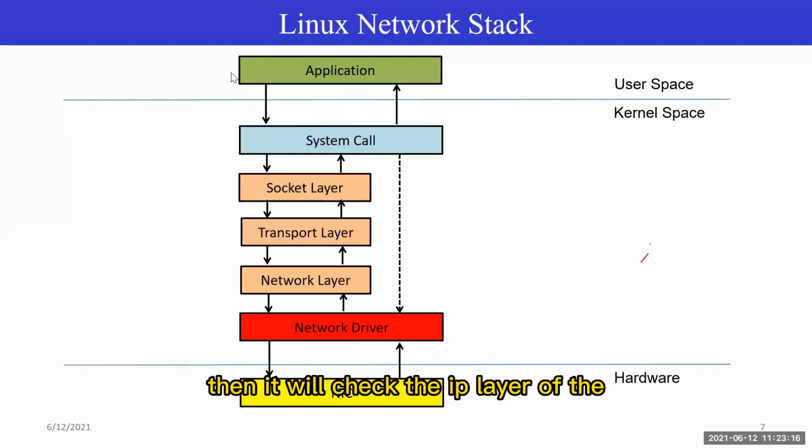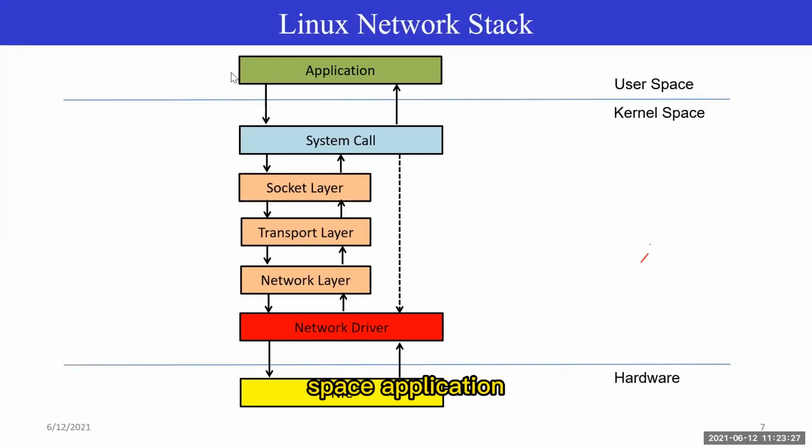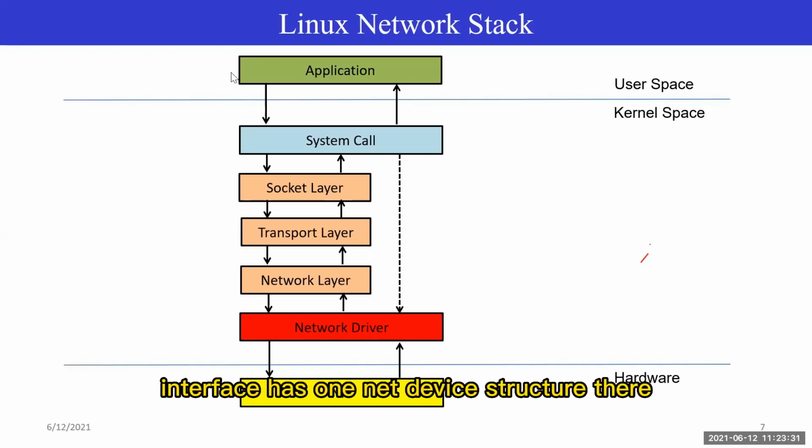Then it will check the IP layer of the system, it will go through the interface and get the interface name that you have provided from the user space application. Each interface has one net device structure there.